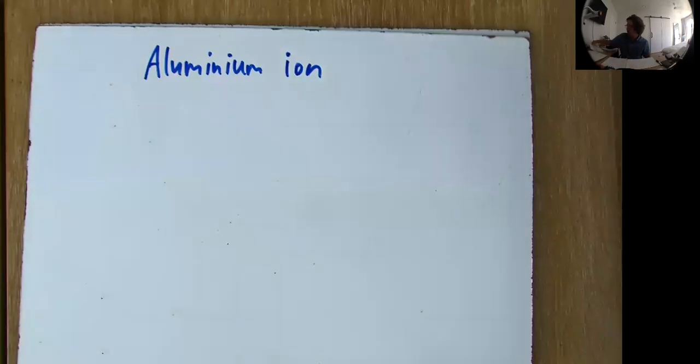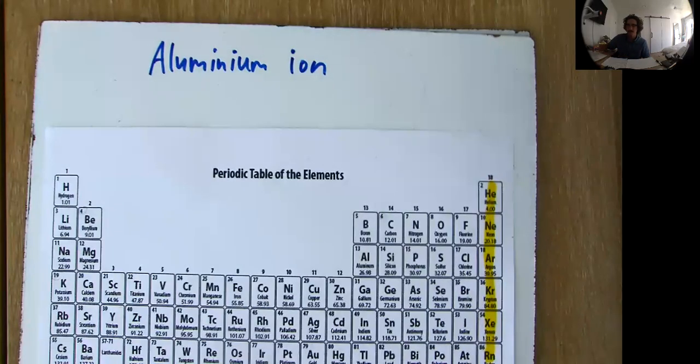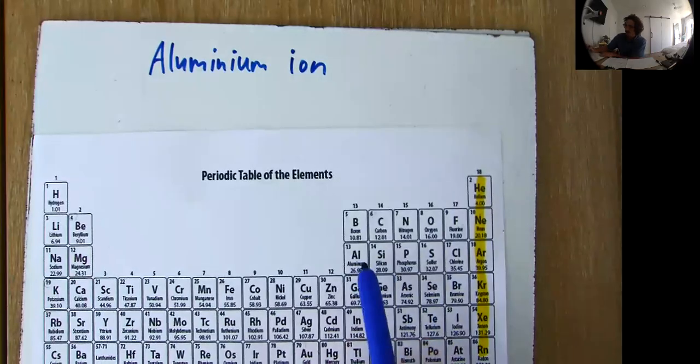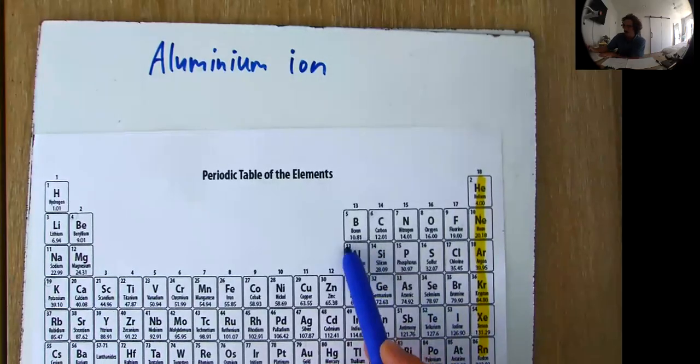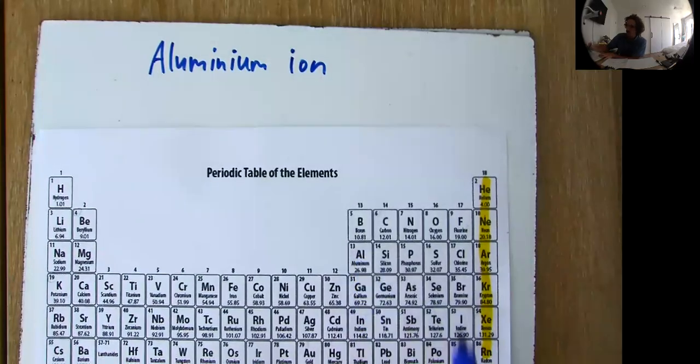Okay, this one might be a tricky one here, but I want you to find the charge on an aluminium ion. That's aluminum for short. Just kidding. Okay, so if you find aluminum on the periodic table, you first note its number. There it is. I found it for you. It's number 13. It's not AI for artificial intelligence. It's Al for aluminum. So number 13.